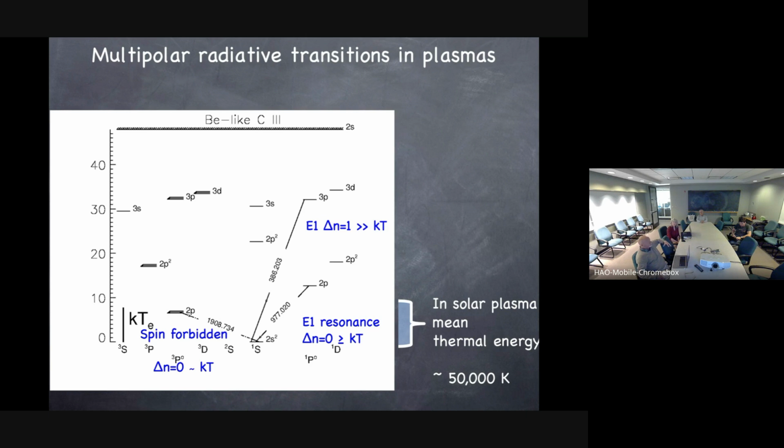Okay, so there are two ways of looking at this. First is to assume it's Maxwellian. Then the only thing you can do is derive something from the Maxwellian, like temperature and density. Or you can say, let's try to use it to find out what the shape of the distribution function actually is as a function of energy. And you can see that's going to be a tricky thing.